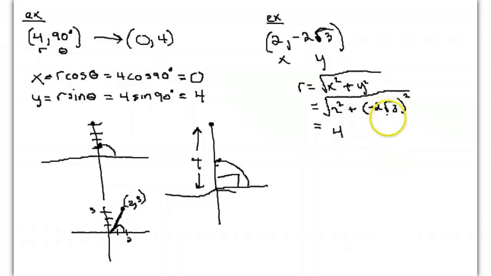But the other one, if you don't want, you can do it with a calculator, but without the calculator, if you square the negative 2, what would you get? Negative 2 times negative 2 gives you positive 4. Square root of 3 times square root of 3 is what? You get 3.